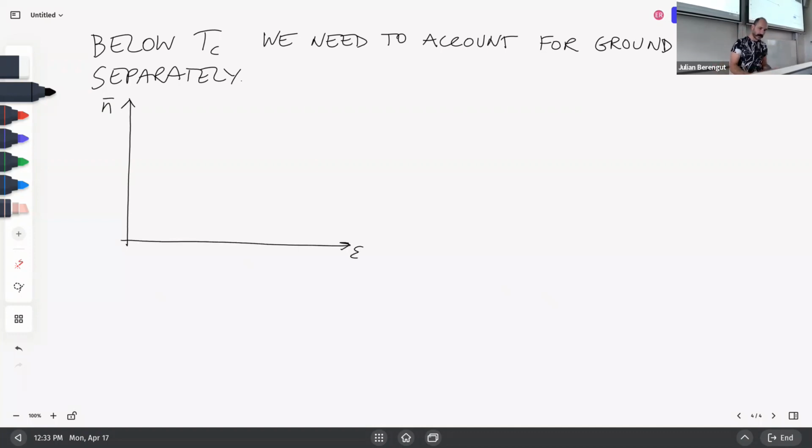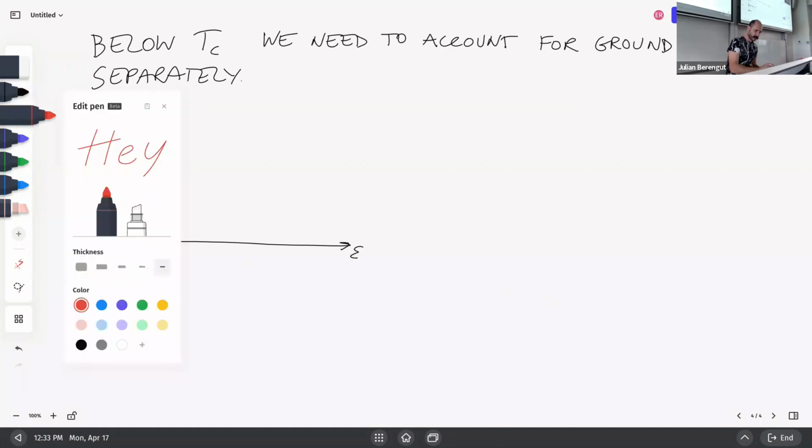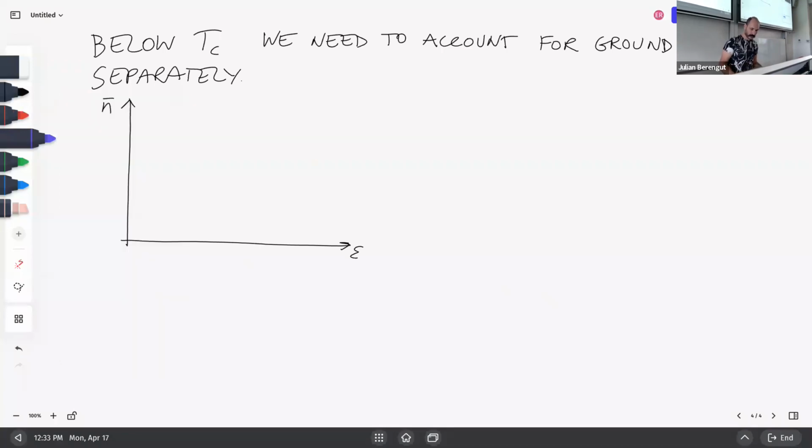And so I've got a bunch of, let me draw it with purple. Make it a bit fat so you can see it. So we've got a density of states that looks something like this. It's discretized. And the ground state here is the important one.